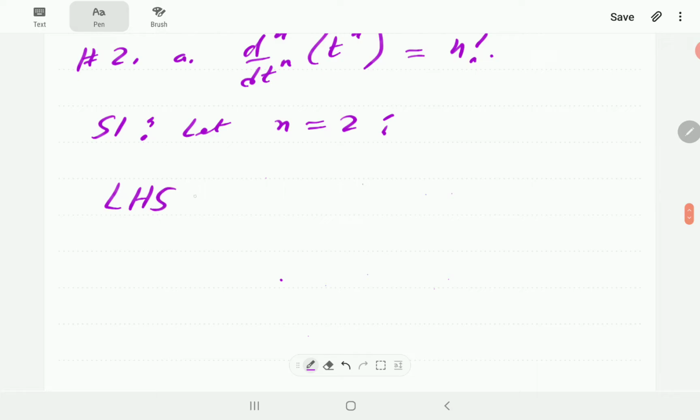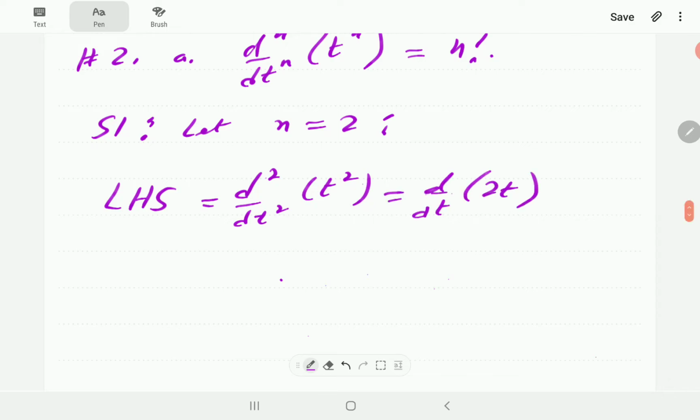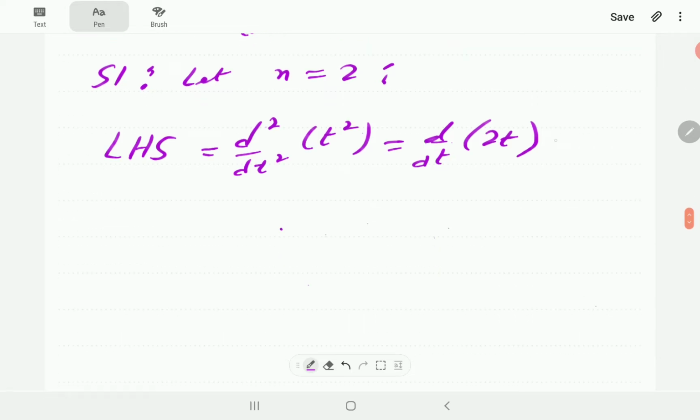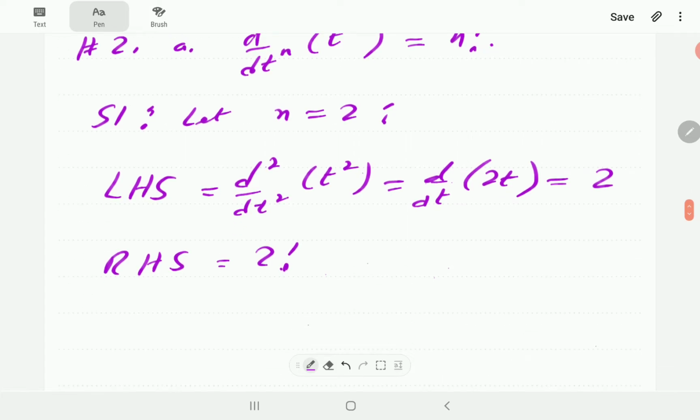So in that case, the left-hand side is the second order derivative of t squared. So if we differentiate this once, we get 2t. If we differentiate this again, we get 2. So the left-hand side is going to be 2. The right-hand side, of course, we just plug in n is 2. It's going to be 2 factorial, which is equal to 2.